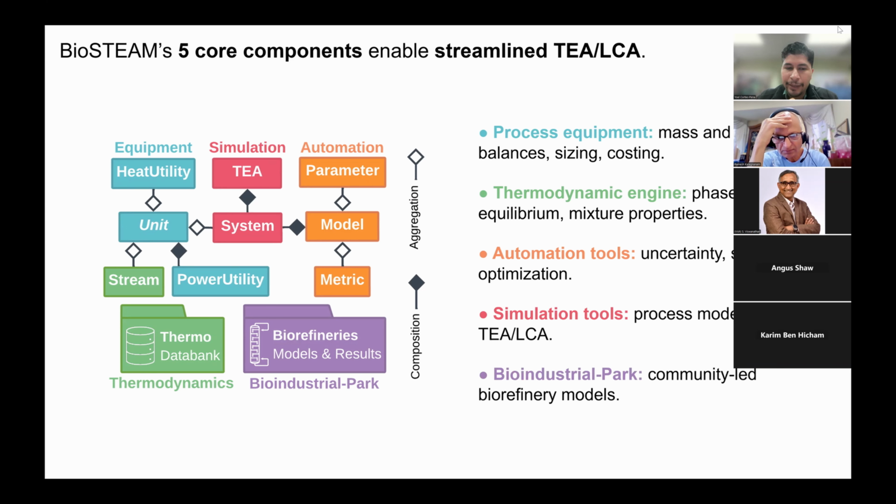And lastly, we have the Bioindustrial Park, which is a repository of community-led biorefinery models. Whenever a new biorefinery is created in BioSTEAM, if I find out there's a paper out there, then I invite them to contribute their biorefinery to BioSTEAM with very simple tests to make sure that it runs.